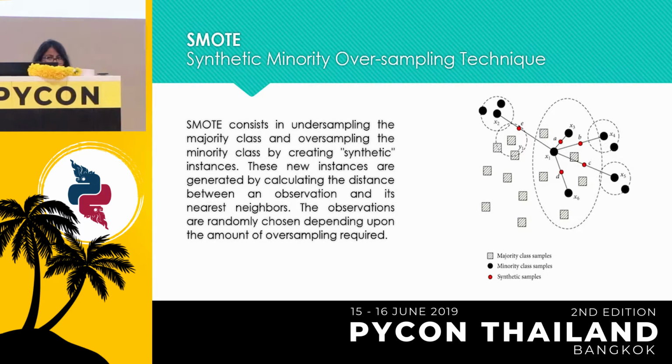For example, we can generate one sample from the minority class, and that sample may overlap a sample that is part of the majority. That is one of the biggest disadvantages of this technique.